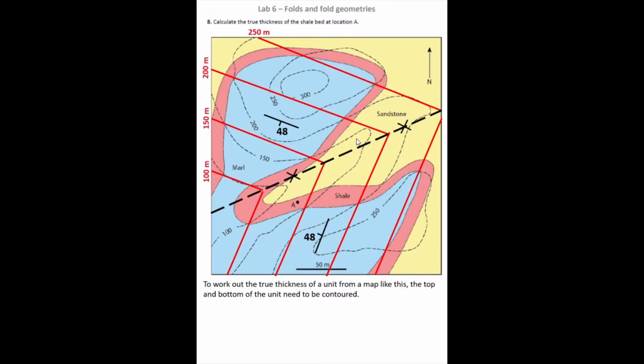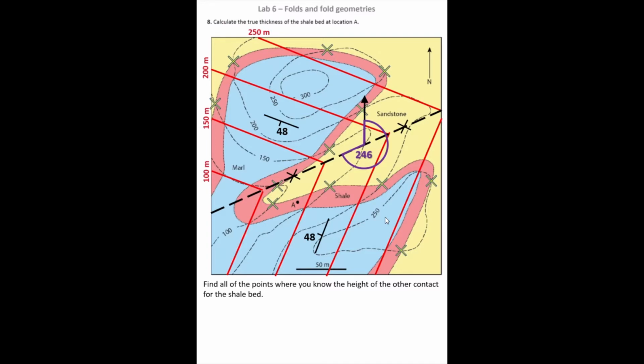Okay, so what we should then do is find all of the points where we find that other contact between the shale and the sandstone. We've got the contact between the shale and the marl. Those are currently highlighted in red. But what we need to do is get the other contact between the shale and the sandstone.